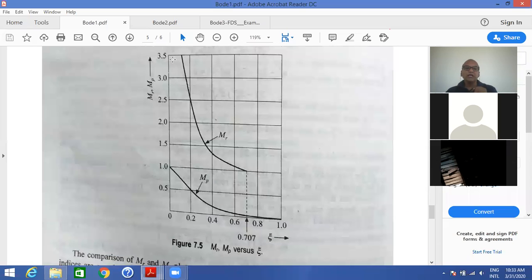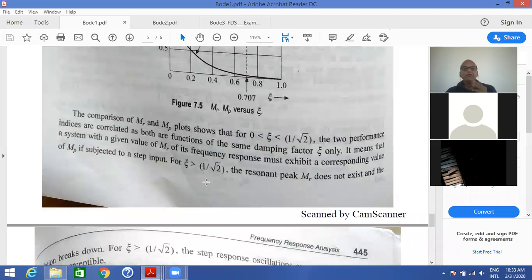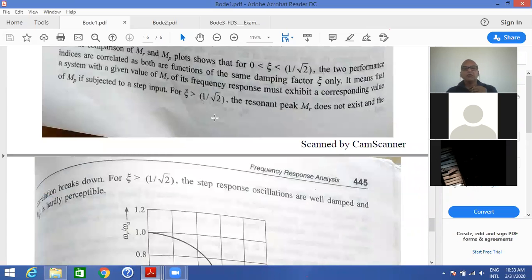That is, both Mr and Mp start decreasing as the value of the damping ratio gets increased from 0 up to 1. For the value of zeta greater than 1 upon root 2, the resonant peak Mr does not exist and the correlation breaks down. Why?